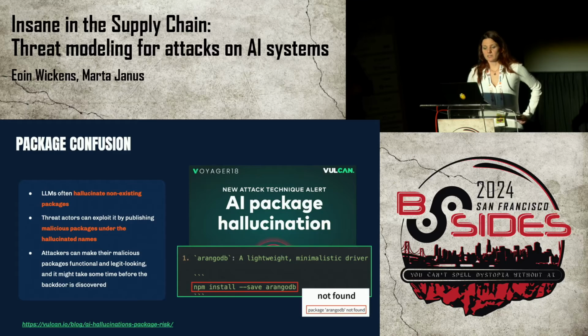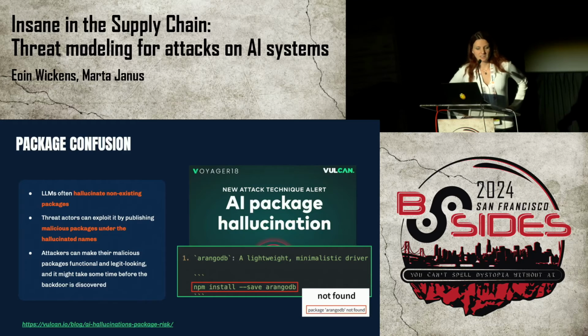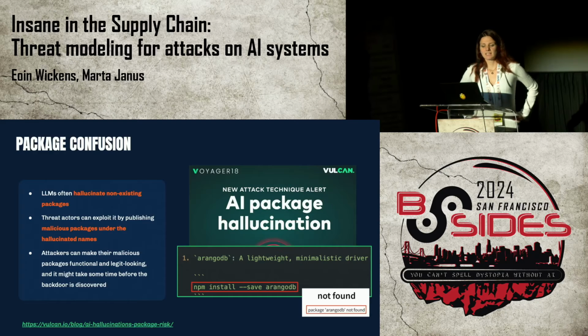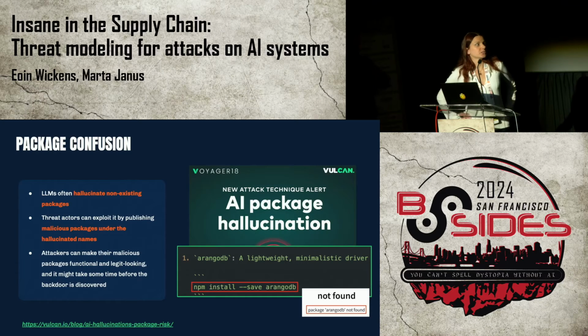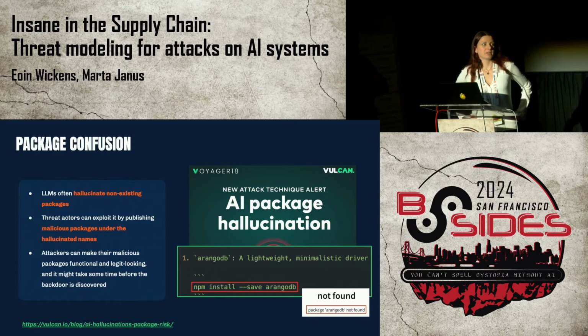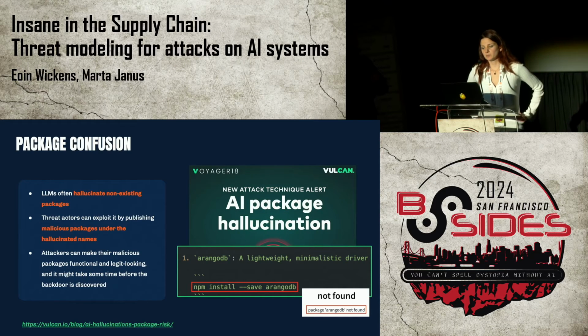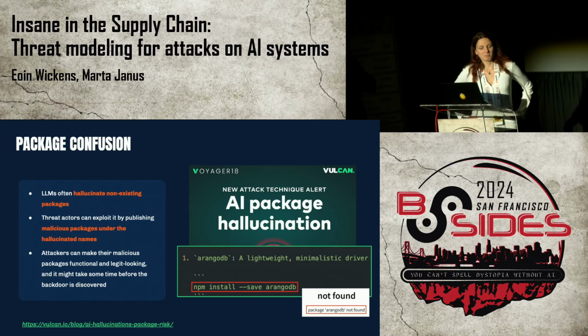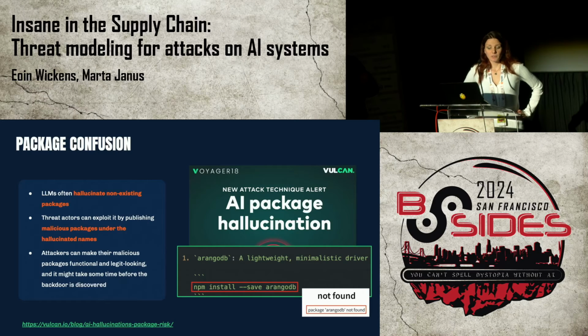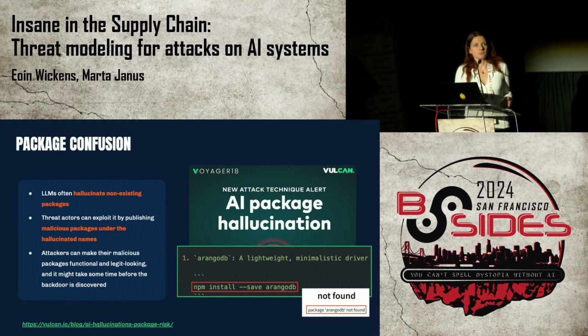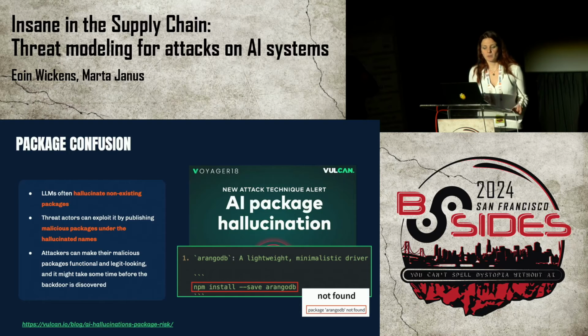And there is also another thing that was introduced with the dawn of the LLMs, which we call package confusion. Well, we all know by now that LLMs like to hallucinate things sometimes, and they also like to hallucinate imaginary software packages or libraries. So if a developer asks an LLM to provide a piece of code, for example, the LLM will instruct the developer to download a certain package.